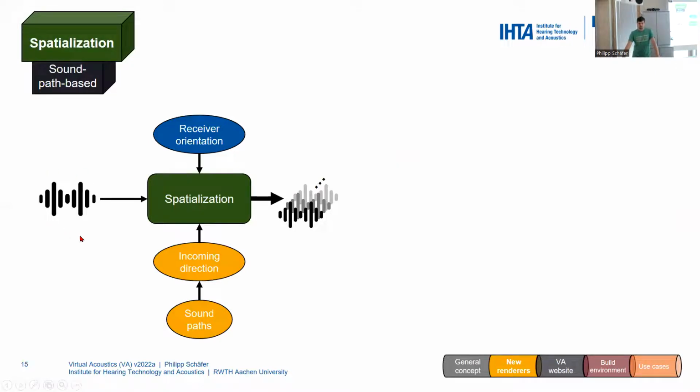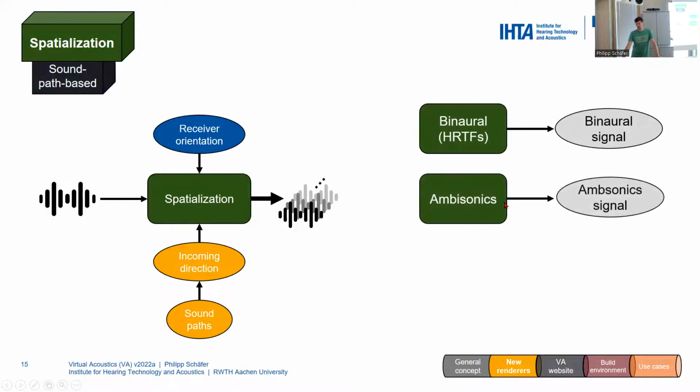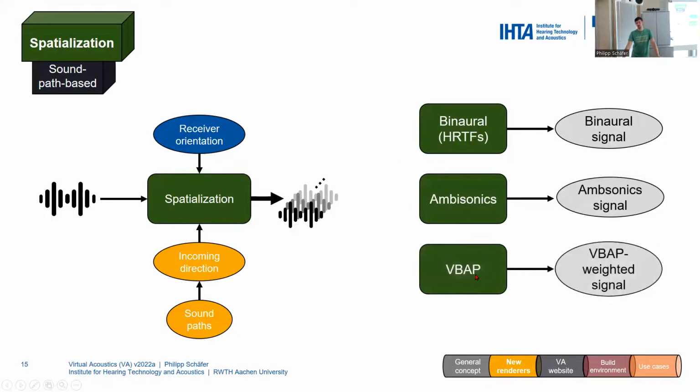We have a mono input signal that already considers the sound propagation, and then based on the incoming direction at the receiver and the receiver orientation, we can apply a spatialization and end up in an n-channel 3D signal. And there are different approaches, as I said, so binaural filtering, ambisonics encoding, or VBAP.